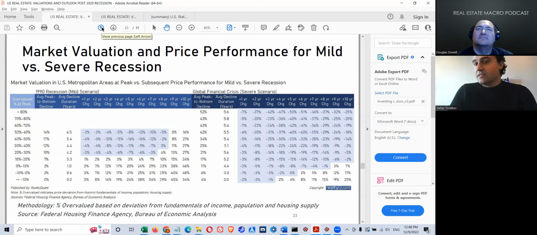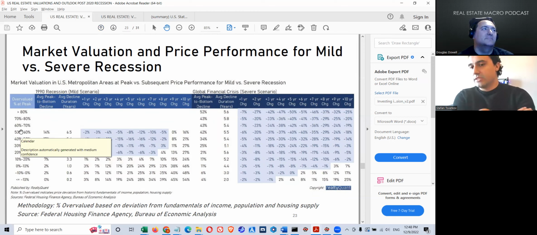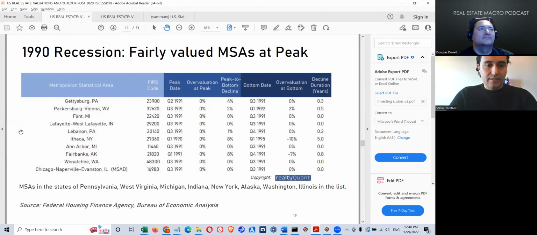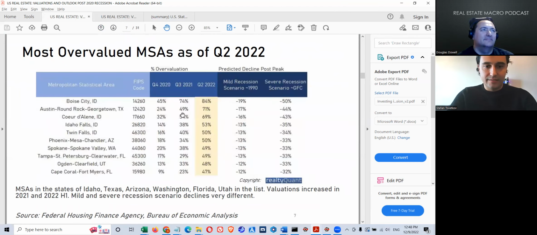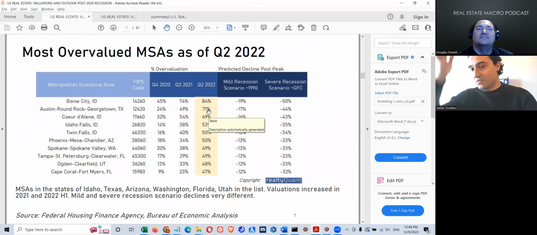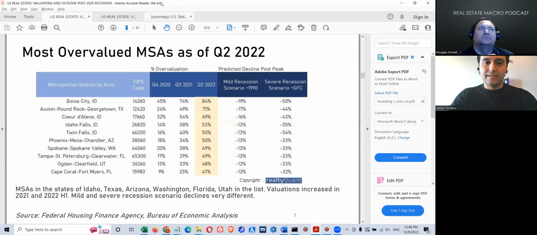And what they expect is very reasonable, actually. Let's say you buy Austin, Texas. Austin is right now, as we saw, around 71% overvalued. So Austin is at roughly 70%.